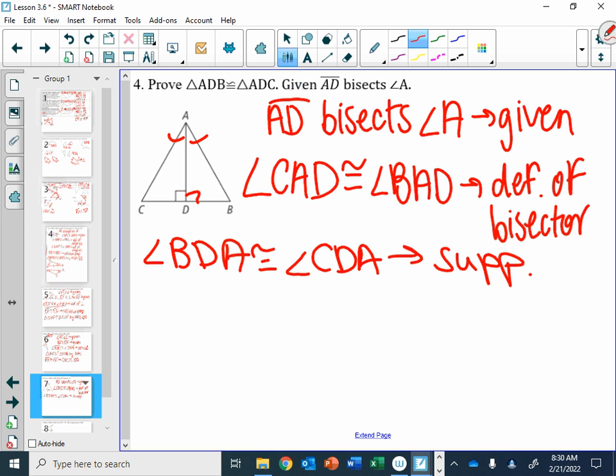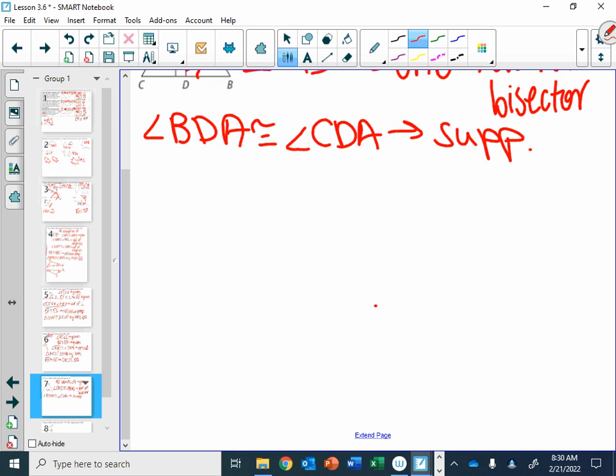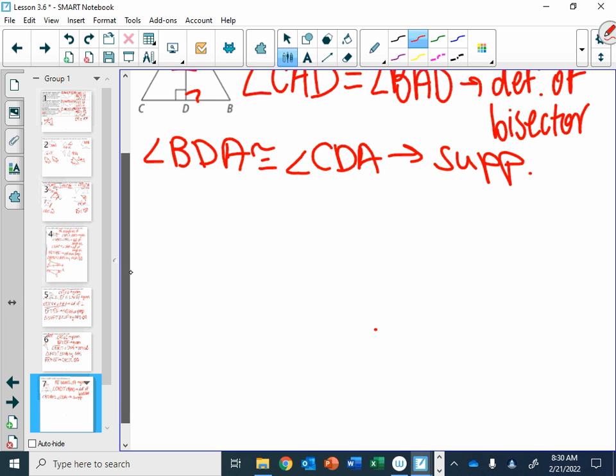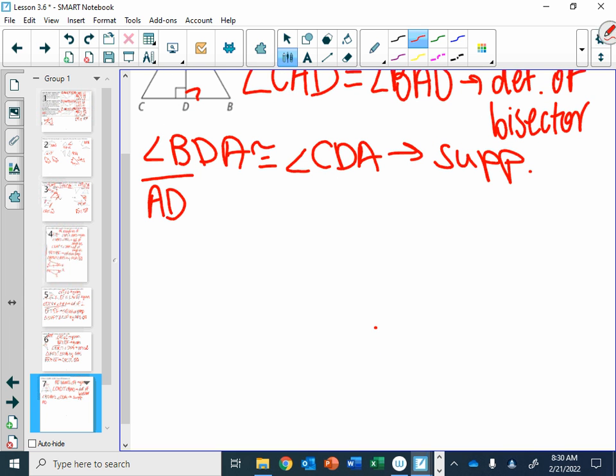Alright. So I've got two angles. Not given. How much, there you go. Okay. AD is congruent to itself, right? It's the same part of both triangles. Okay? So AD is going to be congruent to itself by reflexive.